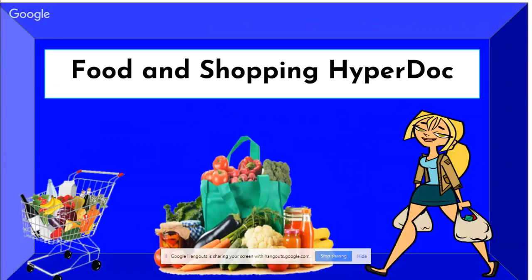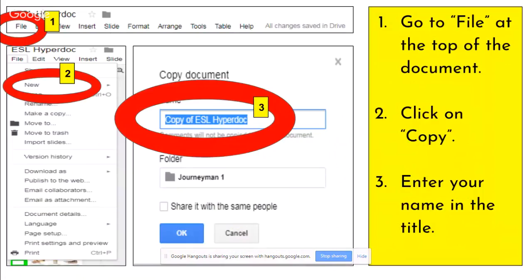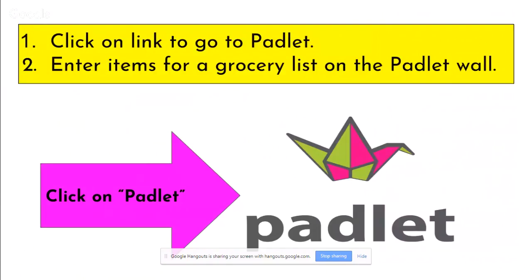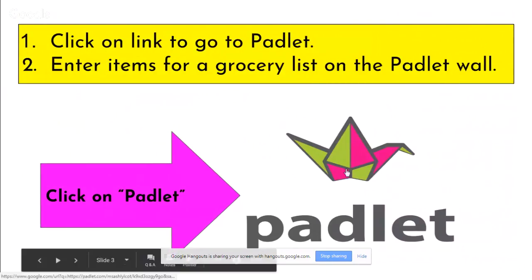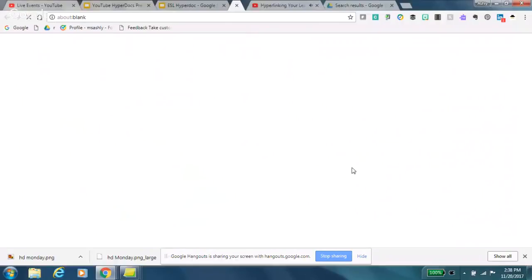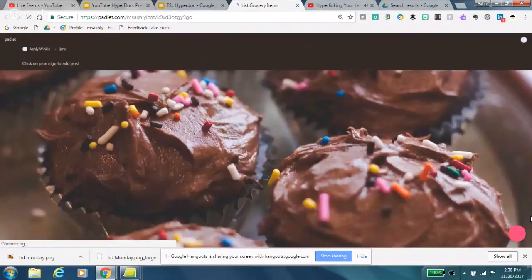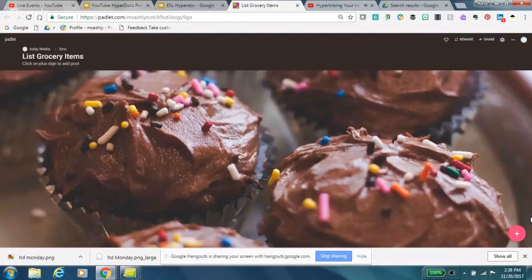So this was the food and shopping HyperDoc. I went ahead and included very specific directions for the students so they know what to do. From there, the students were to click on the Padlet. The original lesson had called for them to write grocery list items on a board.